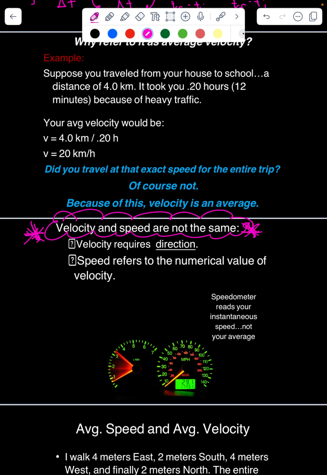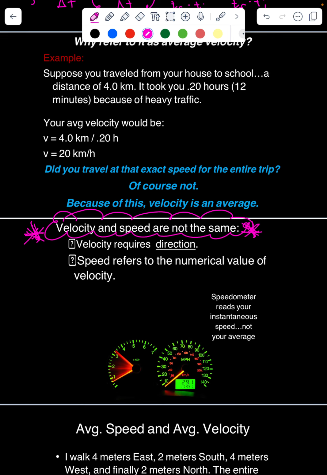Now, just like whenever we were talking the other day about how displacement and distance can have the same numerical value, as soon as you change direction, then it's not going to be the same numerical value. And it's the same thing with velocity and speed.